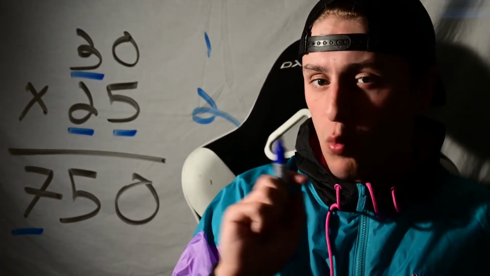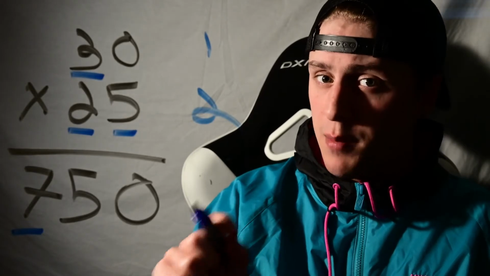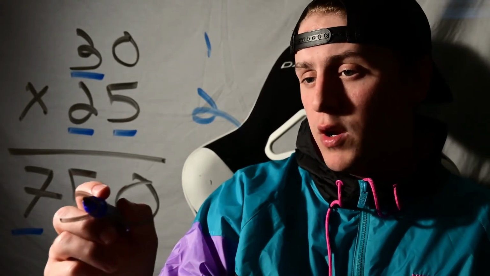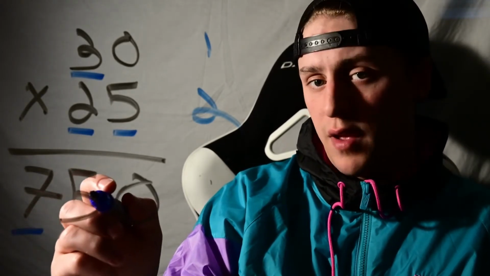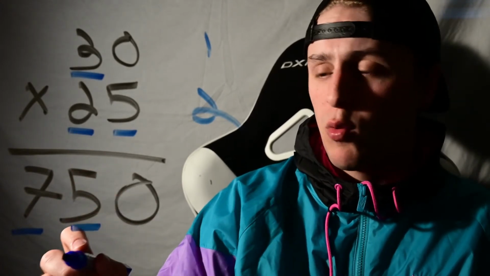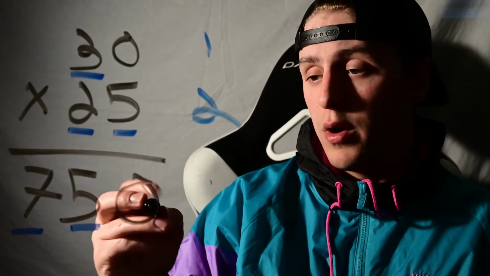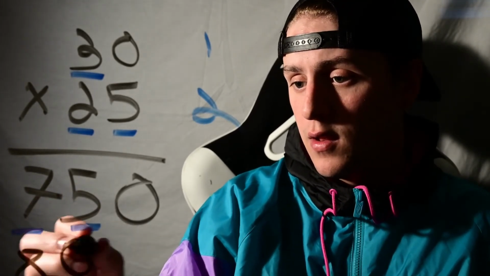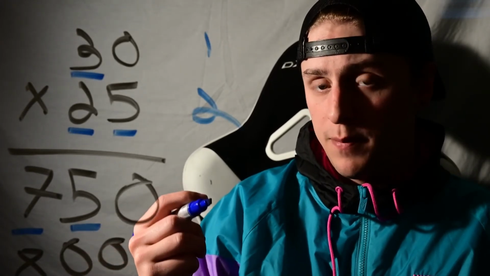But there's one more thing we have to look at. This didn't come up yet. What we're going to do is look to the right of the 7. And what we're going to see, if we have a 5 or higher, then we're going to round that number up. If we have a 4 or lower, we're going to round down. So what we're actually going to get here is 800. And that is to 1 significant figure properly rounded up.